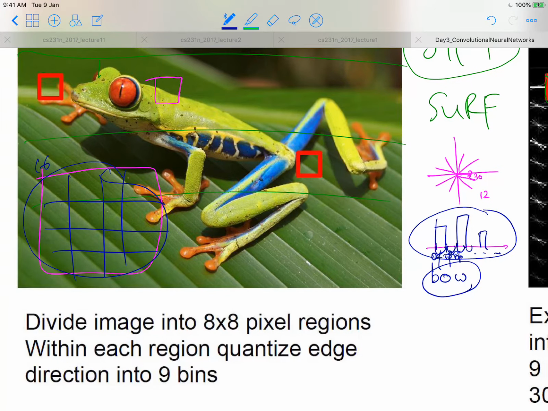So that way, basically the statistic or the distribution of this edge direction that was found in each of our patches in this image can be used as a feature vector that can characterize or describe the characteristics of this image, right?